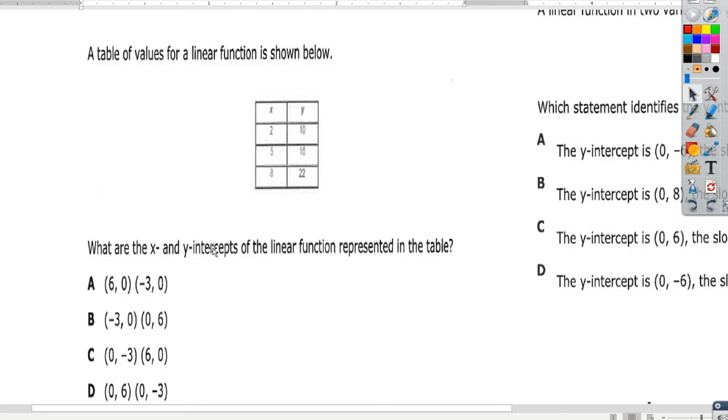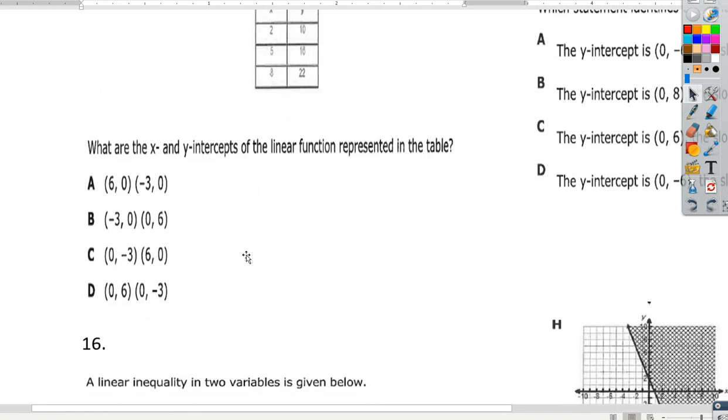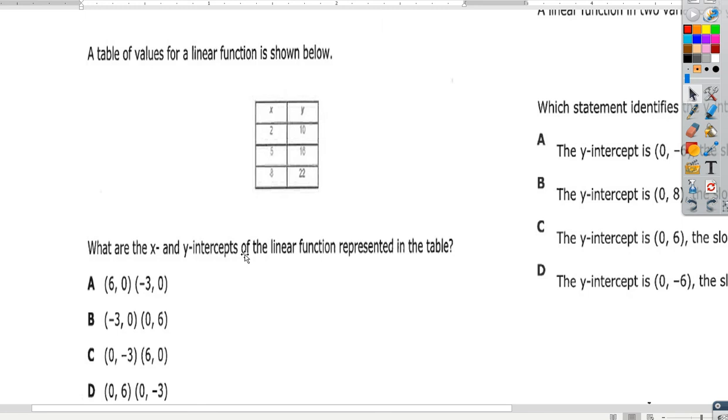But I'm sorry. Alright, it says the table of values for linear functions shown below. What are the x and y intercepts? Okay, so the easiest way to go about this is, okay, we're gonna have to think about it.